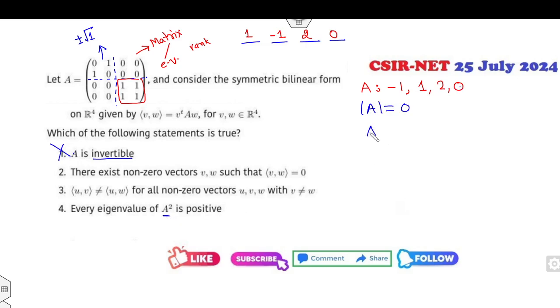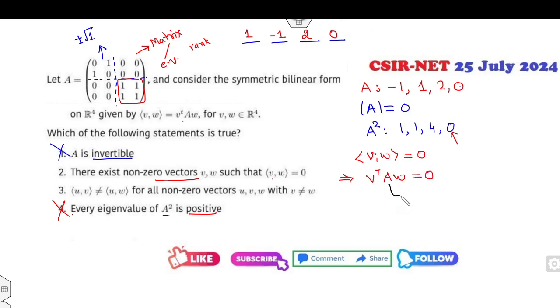Eigenvalues of A square are 1, 1, 4, 0. Eigenvalues of A square are positive, but you can see 0 is also present. This option is cancelled. There exist non-zero vectors V and W such that V comma W must be 0, meaning V transpose A W will be 0.